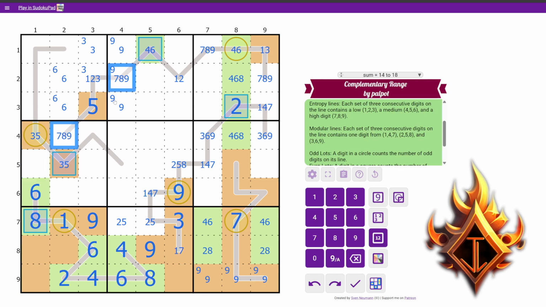Nine, that's kind of a stretch. Several possibilities. If this is 3, that would still be okay. If this is 5, that would have to be 2. Oh, there is no... 2 is in one of these only.